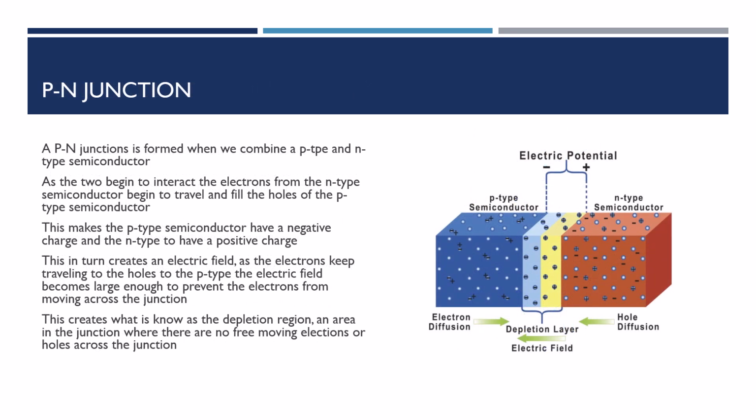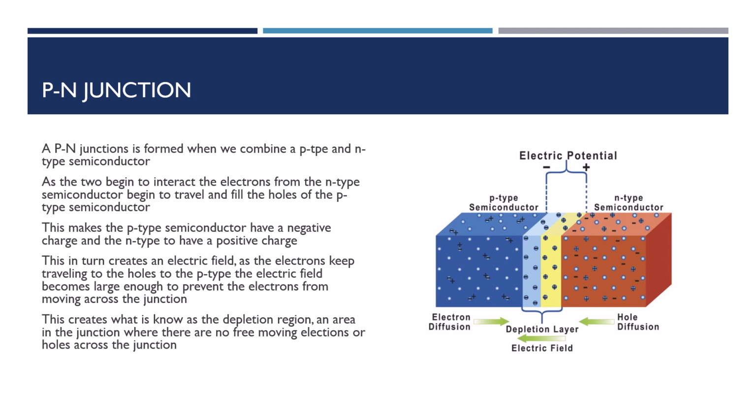Now, if we take a p-type and n-type semiconductor and we put them together, we begin to see an interaction where the electrons from the n-type semiconductor bridge the junction and begin to fill the holes in the p-type semiconductor. This begins to give the p-type semiconductor a negative charge as it accepts more electrons, and as the n-type semiconductor is losing electrons, it begins to take on a more positive charge.